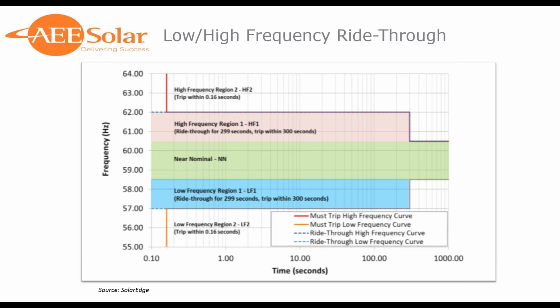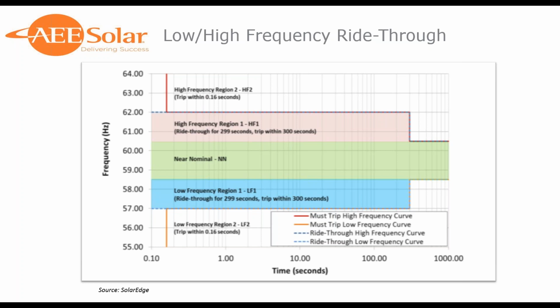Similarly, the utility may request a ride through that trips at 200 seconds or 150. The standards provide that leeway, that flexibility for local utility districts to decide what works best to support their grid. So that's frequency ride through. You'll see in a few slides how you can couple frequency ride through with frequency watt to build a much more dynamic grid.